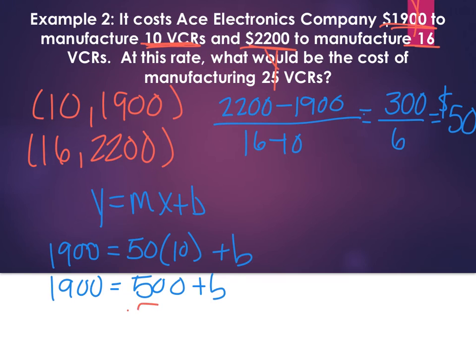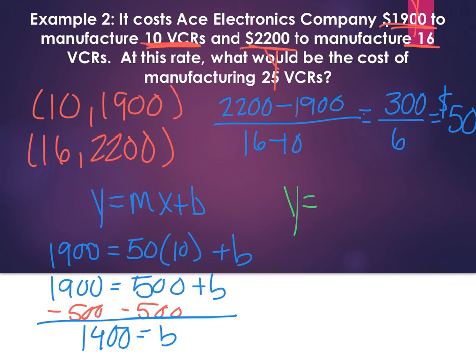When I subtract 500 from both sides, I get 1400 is b. So now I have my equation. y is equal to 50x plus 1400. m is how much it costs to make each VCR. And then this is probably how much it costs to have the place where it's manufactured, because you have to pay an initial upfront fee, and that's what that probably is.